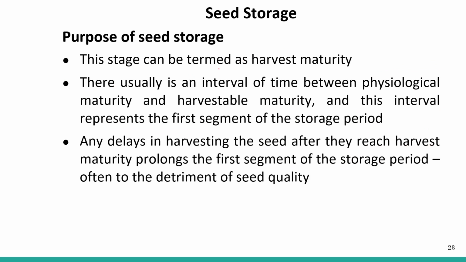This stage can be termed as harvest maturity. There usually is an interval of time between the physiological maturity and the harvestable maturity, and this interval represents the first segment of the storage period. So we have an interval between the seeds reaching physiological maturity and harvestable maturity.